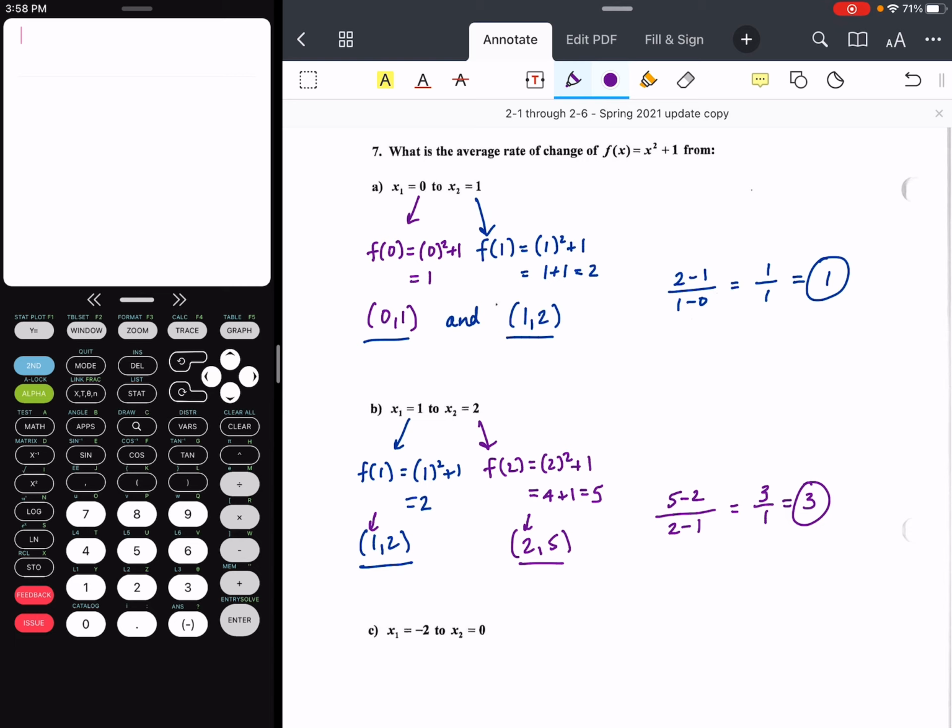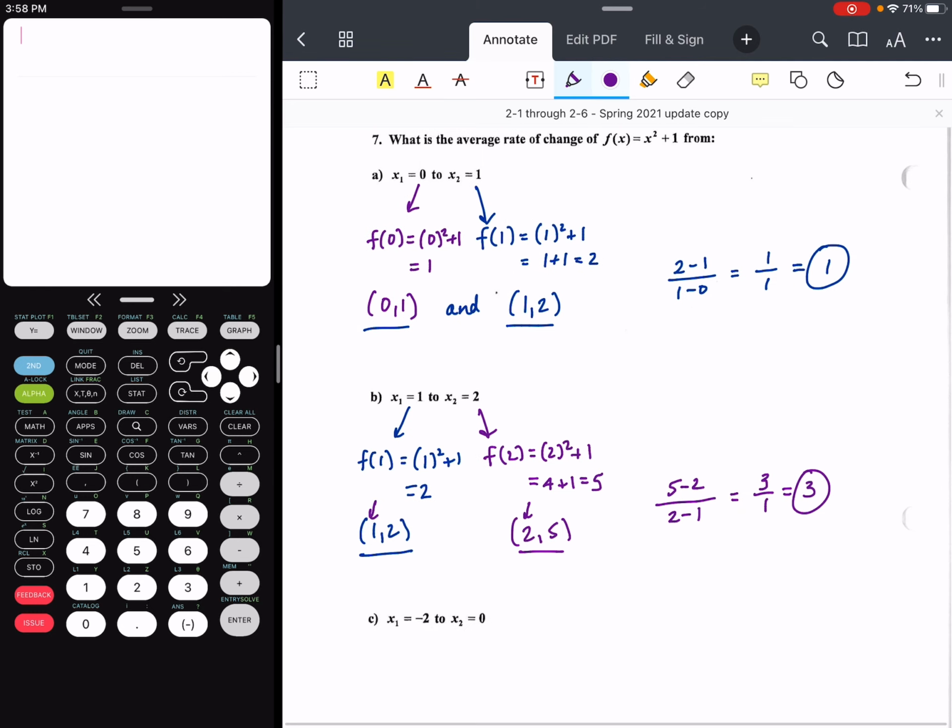And finally, for c, again, we're still using that same function, f of x equals x squared plus 1. If x equals negative 2, f of negative 2 equals negative 2 in parentheses squared plus 1, which is positive 4 plus 1, which gives me 5. So I've got my ordered pair negative 2, 5. If x sub 2 equals 0, f of 0 equals 0 squared plus 1 equals 1.